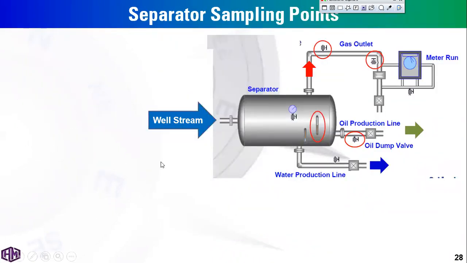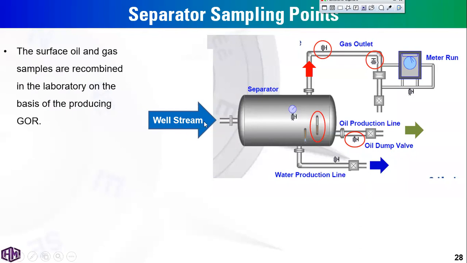For separator sampling, let's say this is the well stream fluid input to the separator, this is the production, the water line or water drain at the bottom of the separator, and the oil line. We can collect a separator oil sample from this oil dump valve, and from the gas outlet we can collect gas samples.